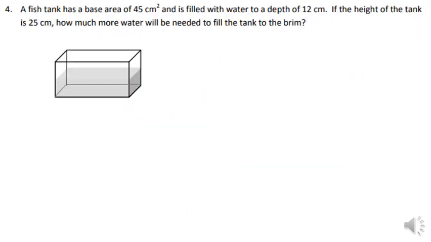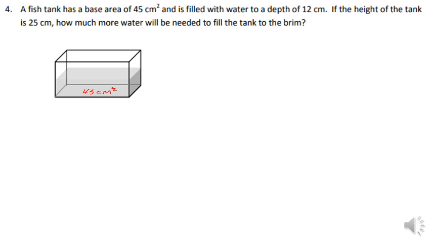4. A fish tank has a base area of 45 centimeters squared and is filled with water to a depth of 12 centimeters. If the height of the tank is 25 centimeters, how much more water will be needed to fill the tank to the brim? Well, I'm going to add some information here. I can tell this down here, the base, like it says, is 45 centimeters squared.